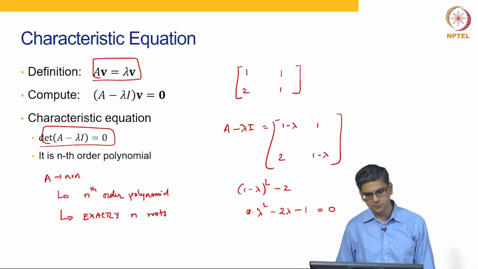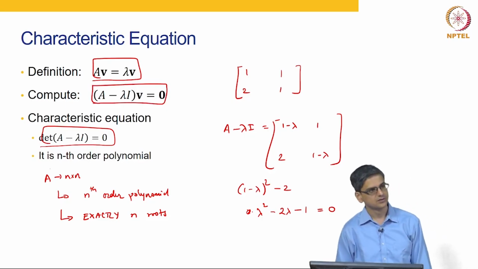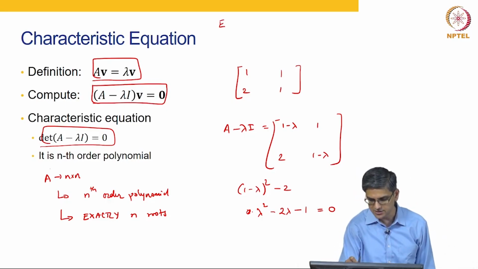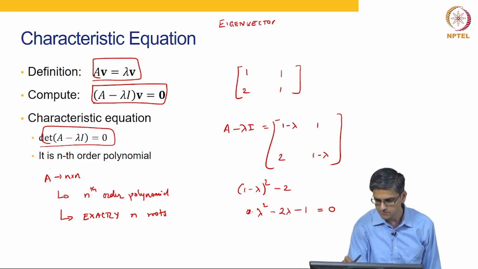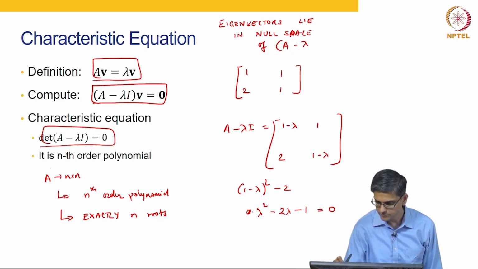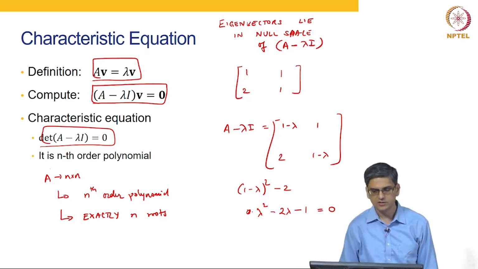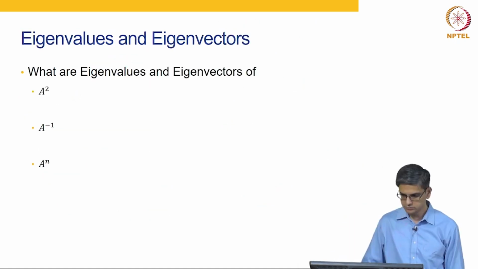The other thing that you would realize from this equation is eigenvectors lie in null space of A minus lambda I, by definition of null space, okay.